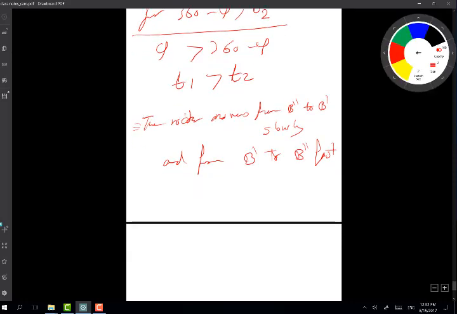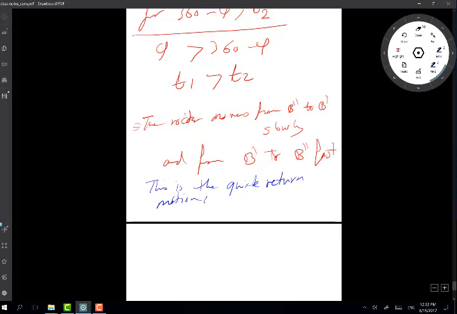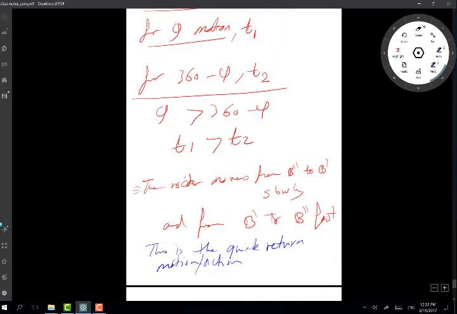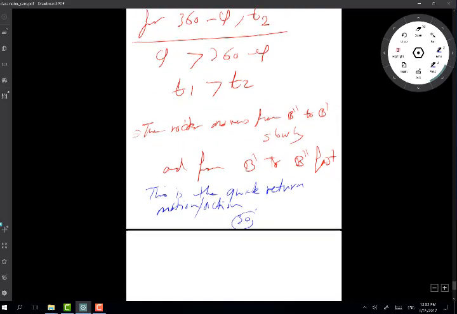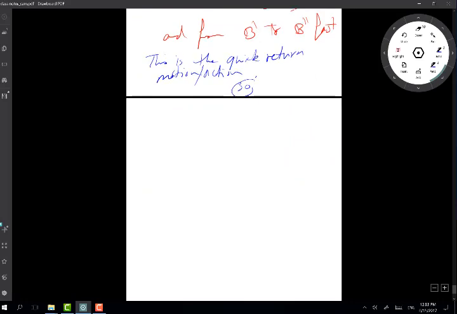This here is what we refer to as the quick return motion action. The rocker moves in one direction slowly and then comes back quickly, and so on, with the same angle.